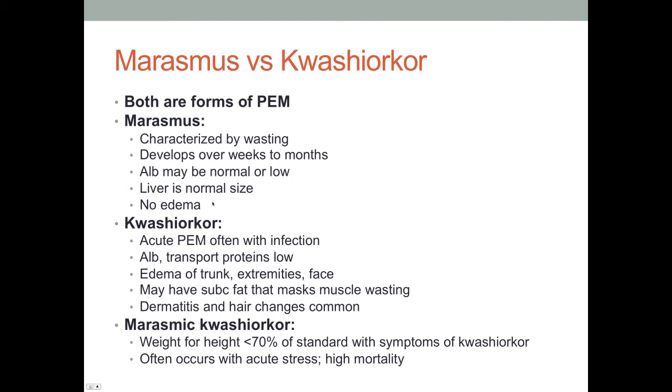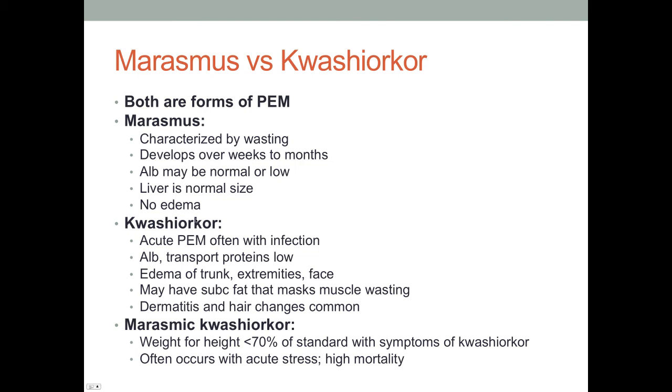Whereas kwashiorkor is acute protein energy malnutrition, but with the presence of infection. And so because of that, you have more inflammation, which means you have low transport proteins, you have edema, and you may have subcutaneous fat that actually masks the muscle wasting, or edema that masks muscle wasting. And often you find dermatitis and hair changes also.